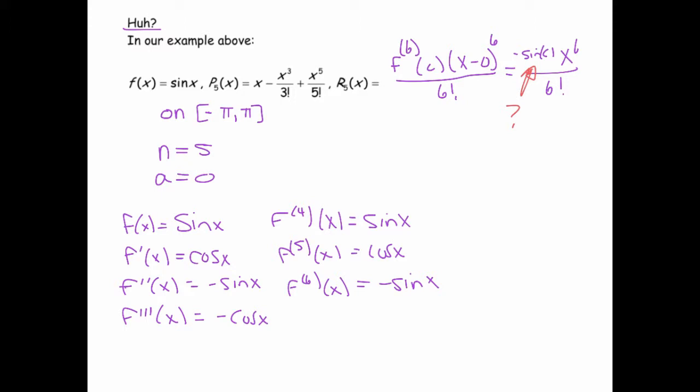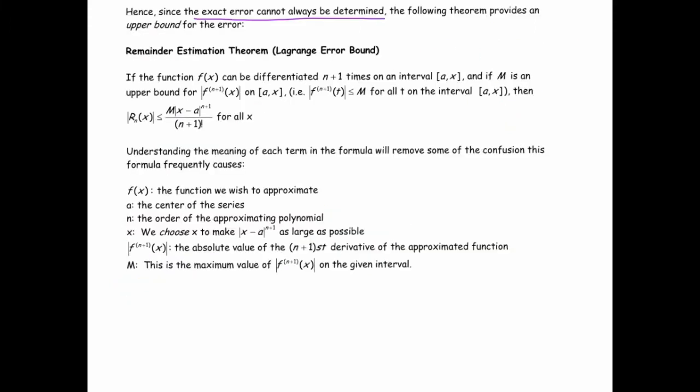So you'll see coming up that we're going to break this down and instead use an alternate version of Taylor's theorem. We saw that we can't use Taylor's theorem directly to find the exact error, but what we can do is find an upper bound for the error according to this theorem.